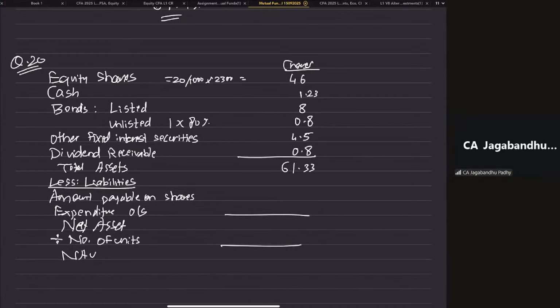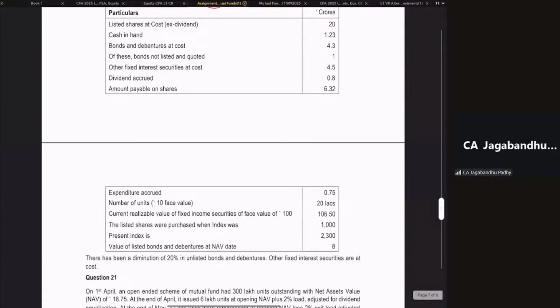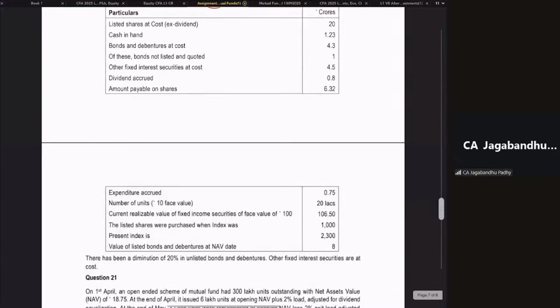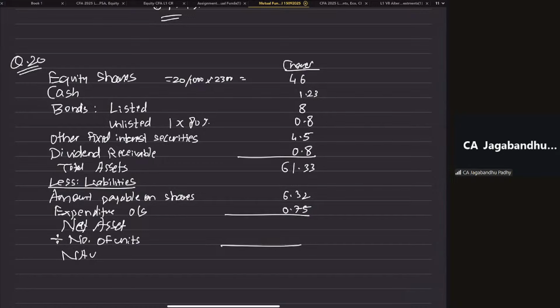Then what is the amount payable on shares? Amount payable on shares was 6.32, and outstanding expenditure accrued is 0.75. So net assets will work out to be how much? 54.26.